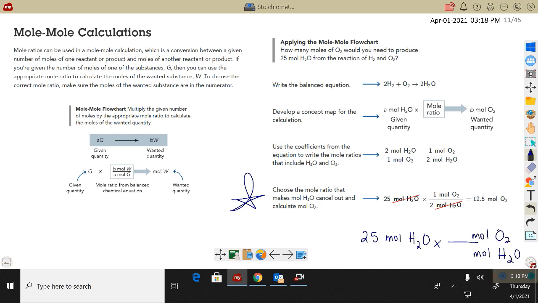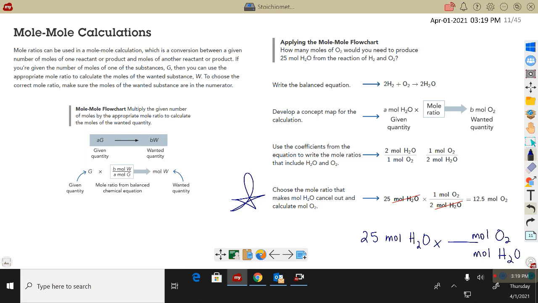Now what do you use on the lines? Well, back in the day when we were doing mole calculations, it was moles and molar mass off the periodic table. Well, now when we're converting between different particles in a chemical reaction, the mole ratio is the ratio of coefficients from your balanced equation.